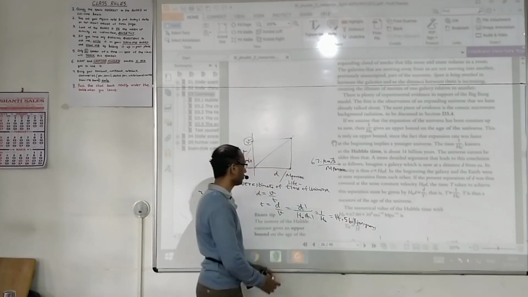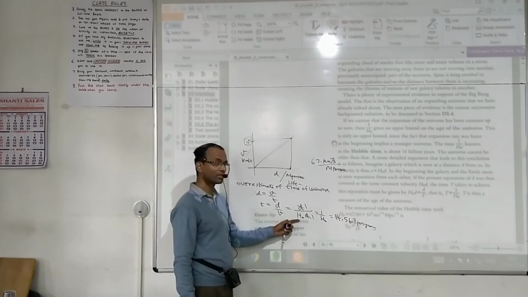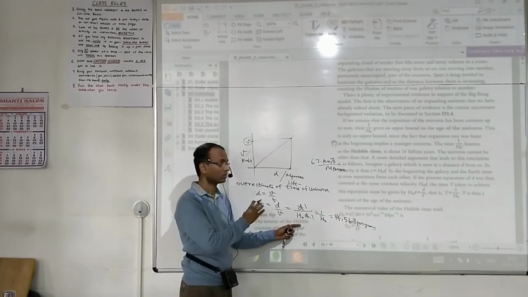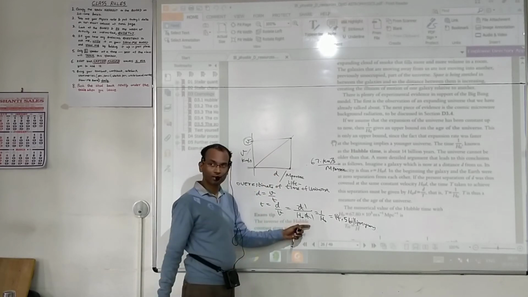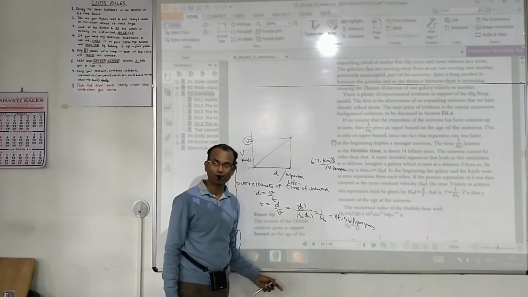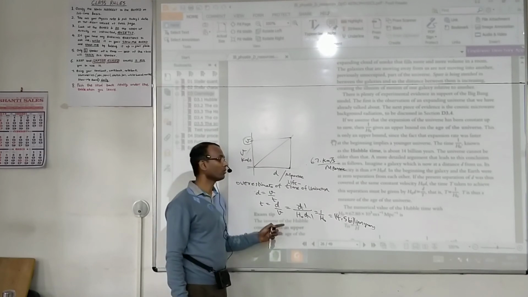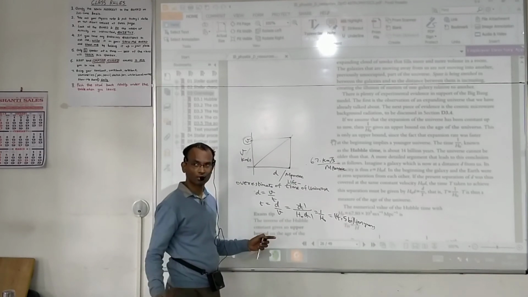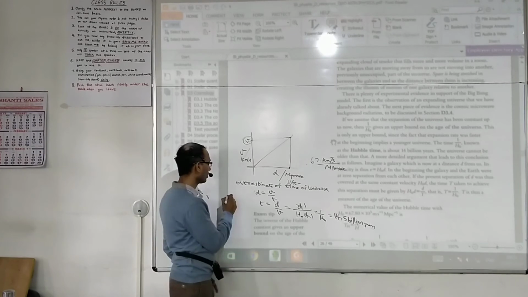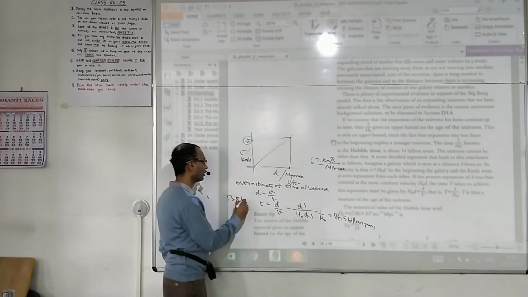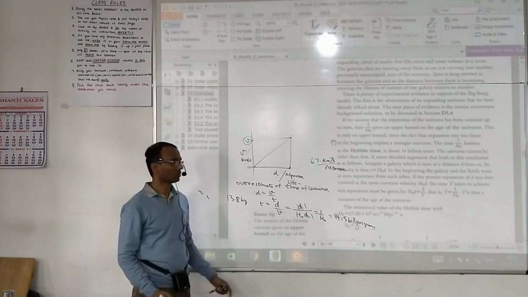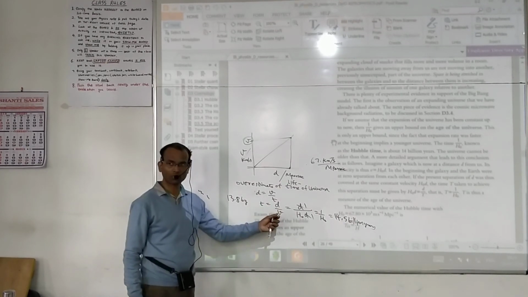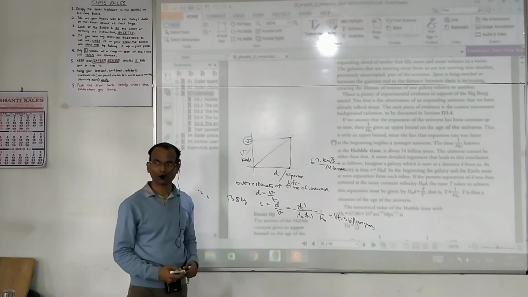Because if it had a much greater speed for some part of this lifetime, the denominator would have been greater and your answer would have come out smaller. We know from other data that the actual lifetime is 13.8 billion years. So this is the overestimate, a rule of thumb estimation.